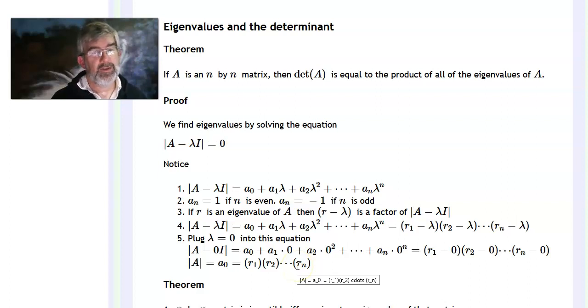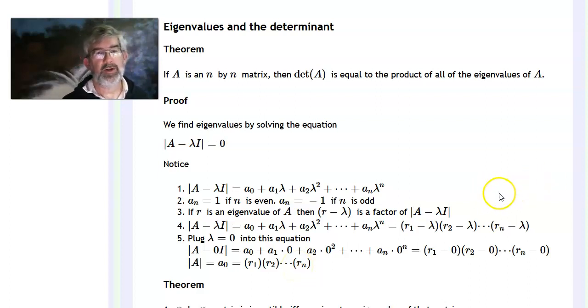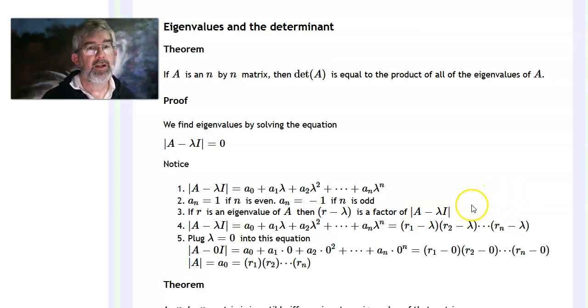So the determinant is equal to the product of the eigenvalues. Again, the book would now have to worry about a plus or minus sign because they wouldn't know whether there's an even number or an odd number of these things, because instead of r minus lambda, they do lambda minus r, whatever. I think this is cleaner, actually, to just say the determinant of A is the product of the eigenvalues.